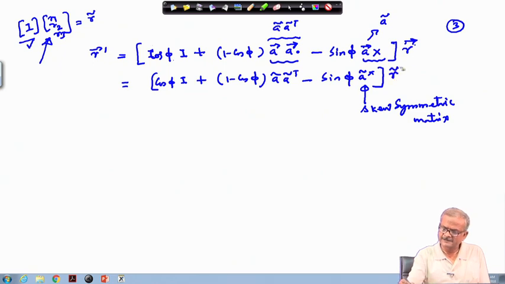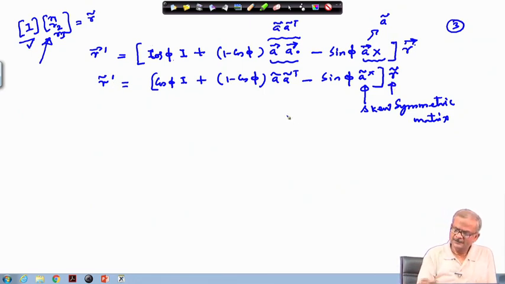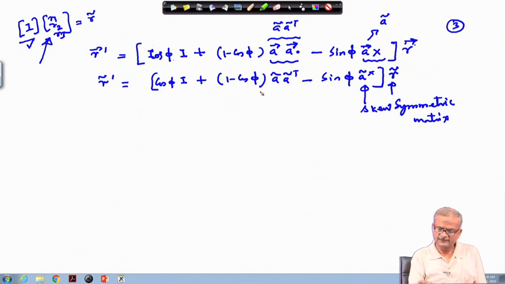So, we can indicate this as r tilde, and this is r tilde prime. This vector operates on this vector and converts it to r prime. What is this indicating?